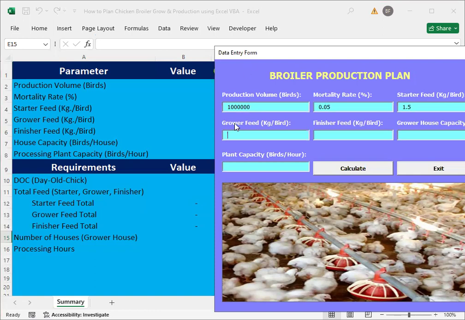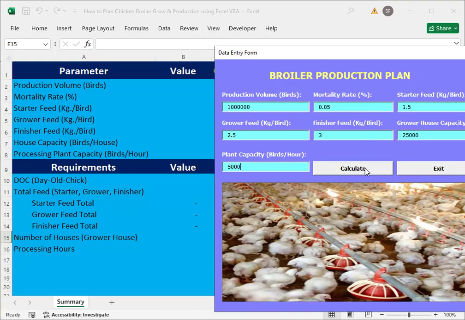And then the grower feed would be 2.5 kilogram per bird. And let's say the finisher feed would be 3 kilogram per bird. And the grower house capacity, let's say 25,000 birds in one house. And the operating hours in the processing plant, let's say 5,000. Okay, 5,000 birds per hour of operation. The evisceration, cutting of heads, cutting of feet, removal of feathers, this will all be done in the machine.